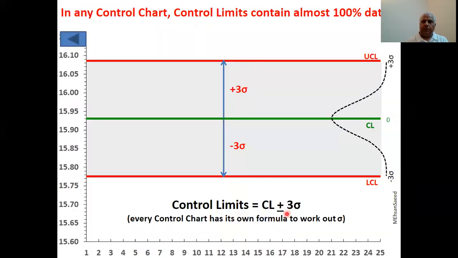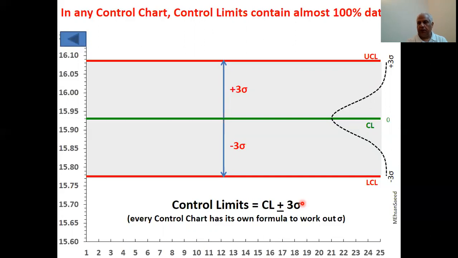Let me now show you this slide again, which indicates that the control limits for all control charts are the center line plus minus 3 standard deviations. Insofar as control charts for defects and defectives are concerned, the standard deviation is very well defined, but as you saw, each control chart has its own methodology or formula for working out this standard deviation.